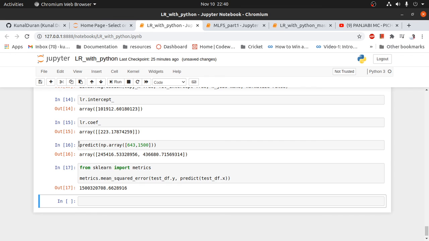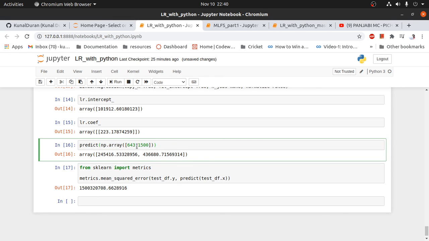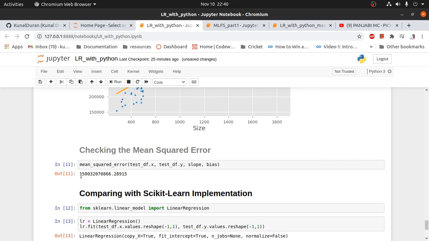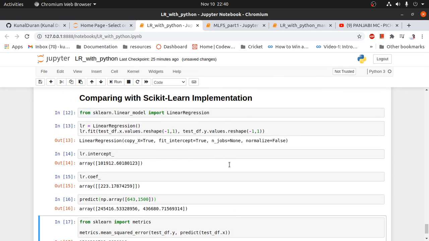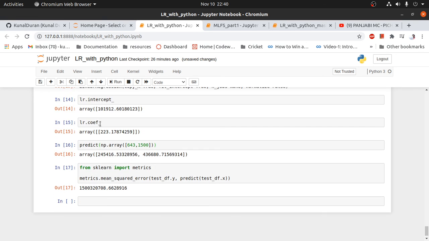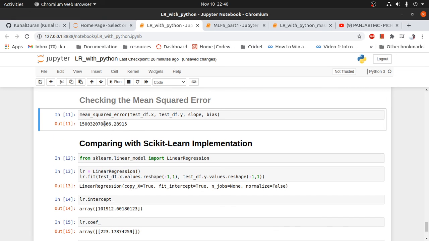Okay, so what is this? This is a prediction. When we input some value, the prices are returned. So here also we can see the mean squared error, 1500320708.66.